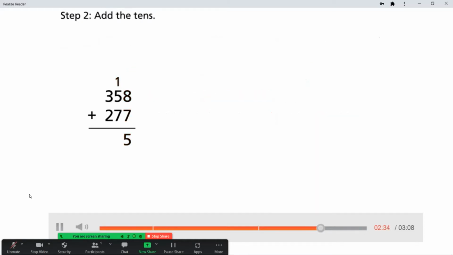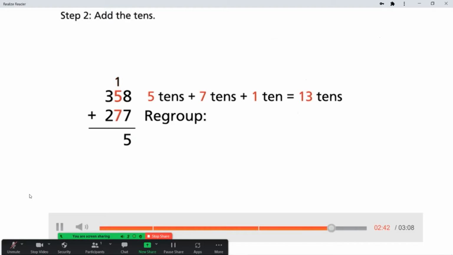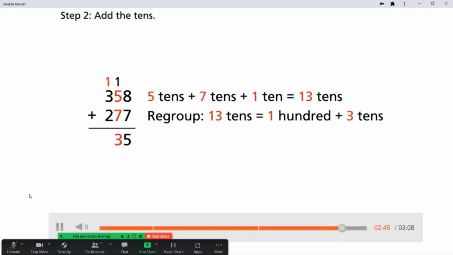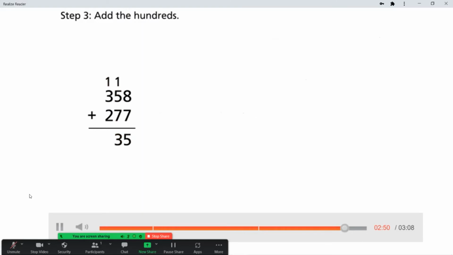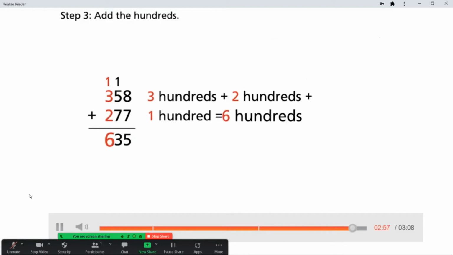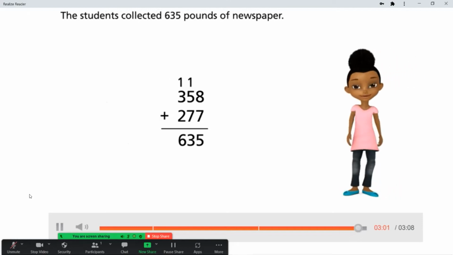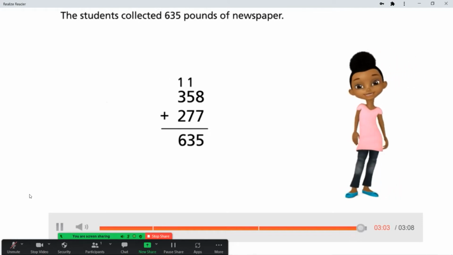Step 2. Add the tens. 5 tens plus 7 tens plus 1 10 equals 13 tens. Regroup. 13 tens equals 100 plus 3 tens. Step 3. Add the hundreds. 3 hundreds plus 2 hundreds plus 100 equals 6 hundreds. The students collected 635 pounds of newspaper.